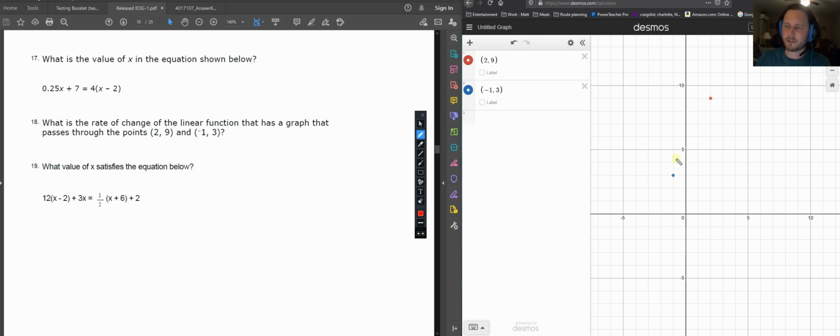All you really have to do is find the rise over the run. So, the rise, how high up does it go? It's going to be 1, 2, 3, 4, 5, 6. So the rise is 6, and the run, 1, 2, 3, the run is 3.